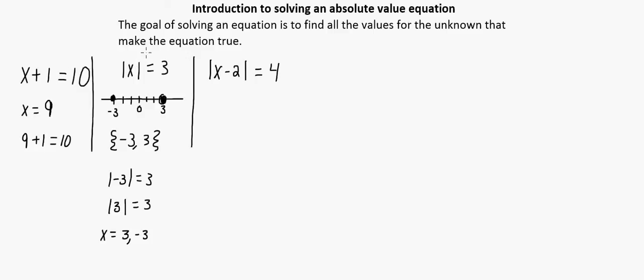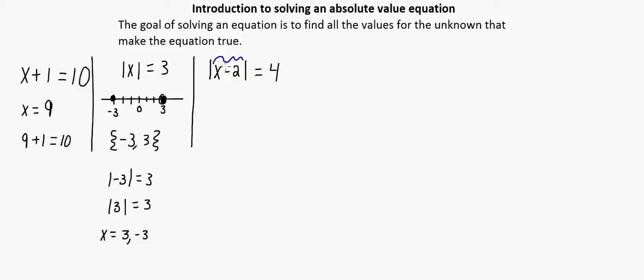In the previous equation, the absolute value of x equals 3, what was inside the parentheses had to be 3 or negative 3 to equal 3. I know whatever is inside these parentheses has to equal one of two numbers. Either what's in here has to equal 4, and I take the absolute value of it and it equals 4, or whatever's inside here has to equal negative 4. And when I take the absolute value of it, I will obtain 4.